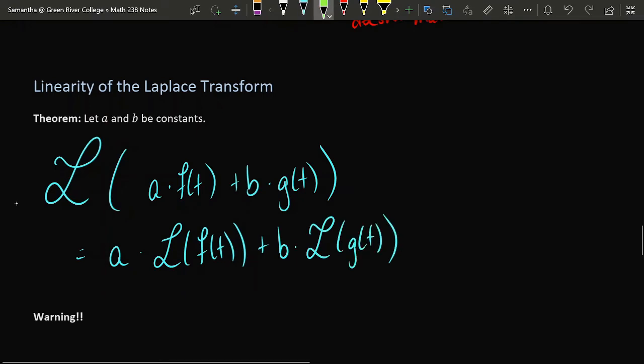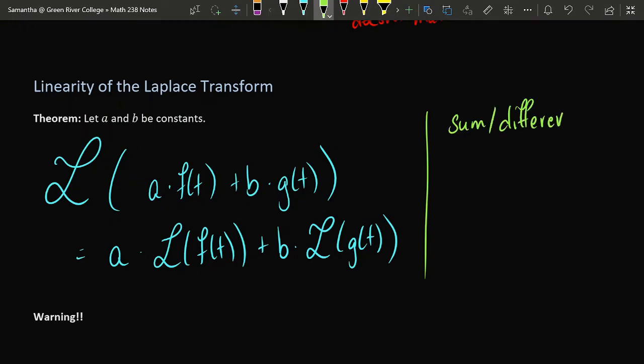In other words, the Laplace transform obeys a sum, difference, and constant multiple rule. As do most things in calculus.